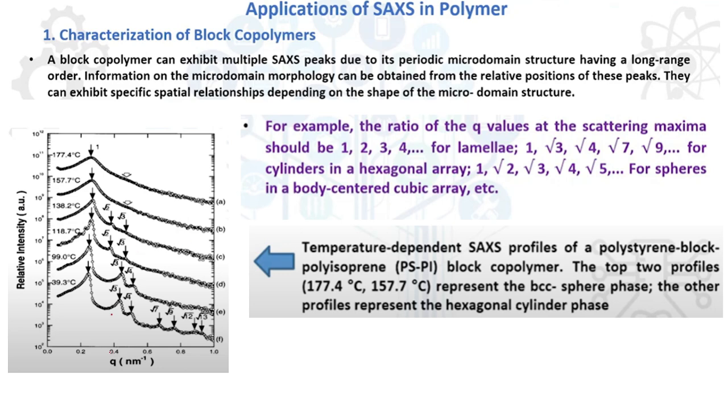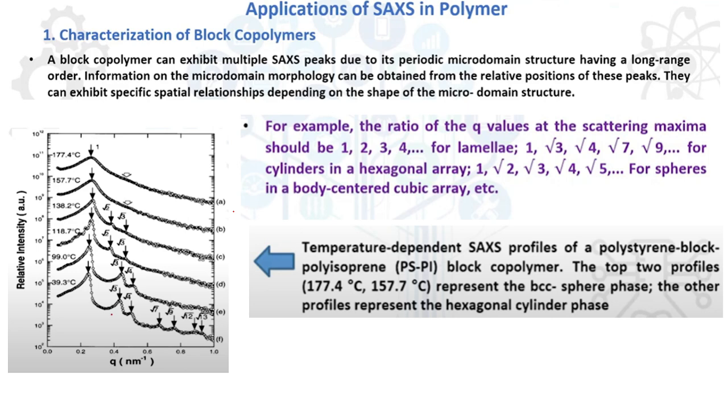If we plot the relative intensity versus Q, a block polymer can exhibit multiple SAXS peaks since there are different repeating units. So for a periodic microdomain structure having a long range order, information on the microdomain morphology can be obtained from the relative position of these peaks. They can exhibit specific spatial relationships depending on the shape of the microdomain structure. For example, the ratio of the Q values at the scattering maxima would be 1, 2, 3, 4 for lamella.